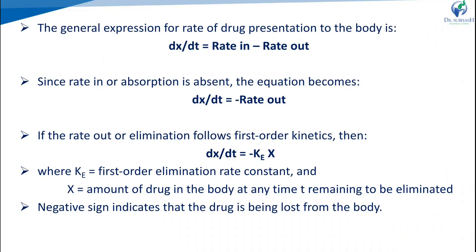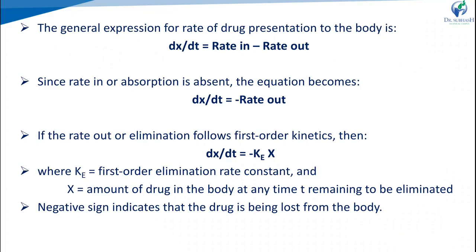It means availability or absorption minus elimination. For a rapid IV bolus injection in the one compartment open model, the rate of absorption, the rate in, is negligible or absent. So we do not consider the absorption phase in that case, and the equation becomes dx by dt equals minus rate out, depending only on the elimination phase.